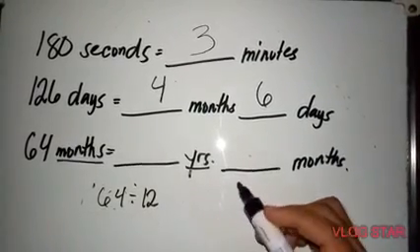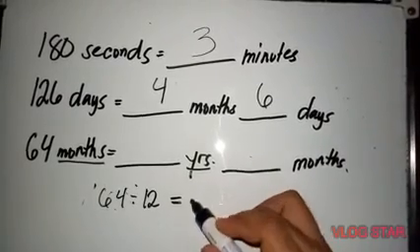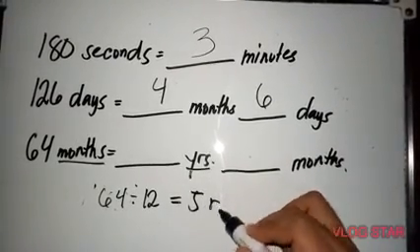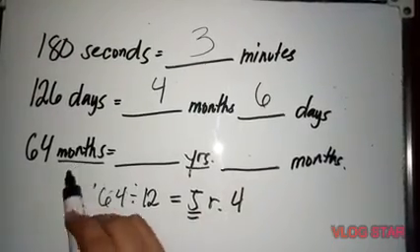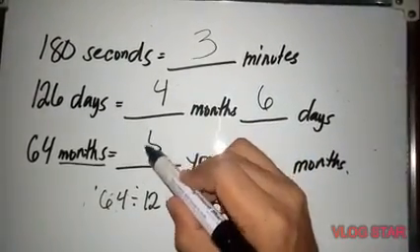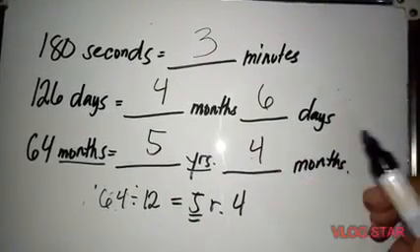So 64 divided by 12, the answer is 5, remainder 4. So it means that 64 months is 5 years and 4 months.